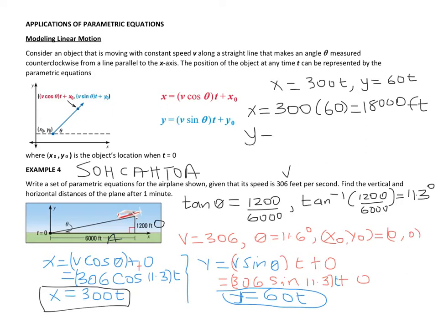Y, which is the vertical distance, is going to be 60 times 60, because time is 60 seconds. So we get 3,600 feet. So those will be the vertical and horizontal distance.